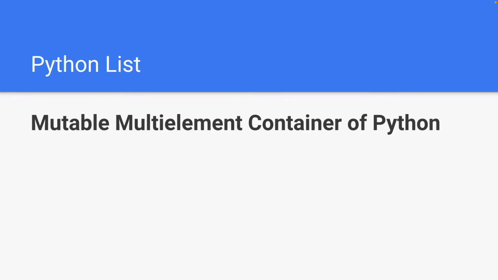I'm going to take a little bit of time here. A Python list is a mutable multi-element container. It is mutable, such that it can be changed. It is multi-element, so it can contain different data types, and it's a container. Basically it holds everything together and provides you access, storage, deletion, everything. And this is the foundation of data storage for Python.